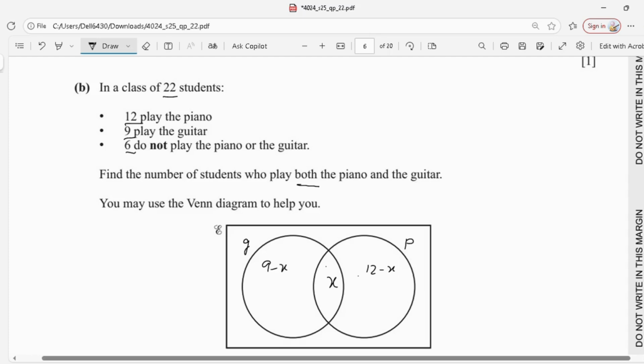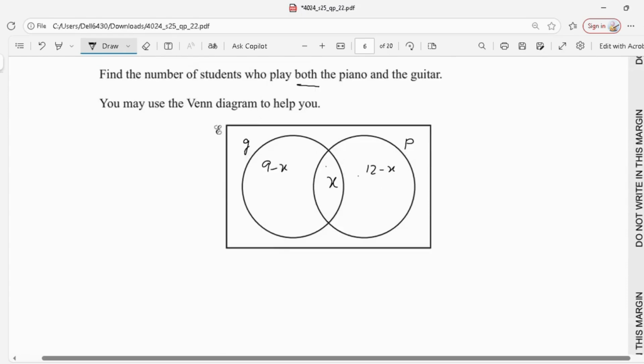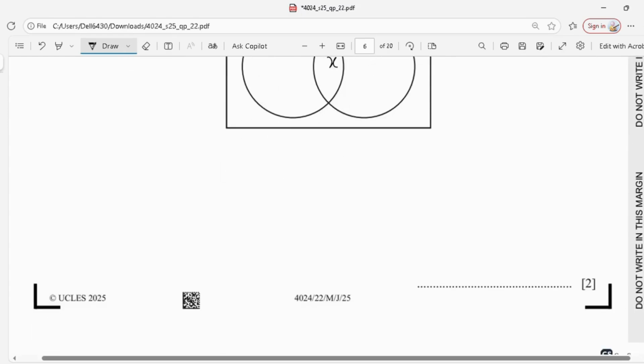From the total students, that are 22, 22 minus 6 is 16. These are the students who play piano or guitar.